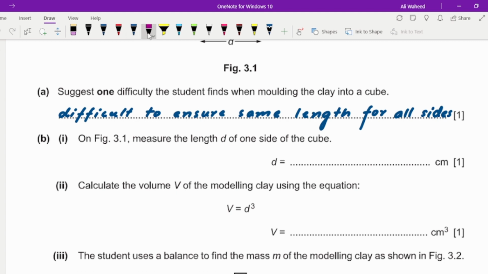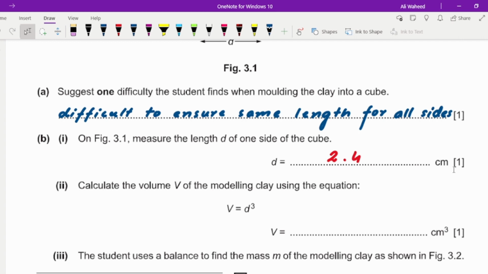When we print it on a sheet of paper, somehow the dimensions are changed. Sometimes they are magnified, sometimes they are diminished. So anyway, what is the answer for the value of d? 2.4. Yeah, it is exactly the same. Okay, very well. 2.4 centimeters.